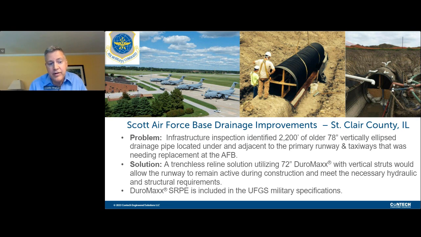And this was something that allowed the runway to remain active during construction, and it met all the necessary hydraulic and structural requirements. So it was very beneficial that we could strut the Duramax to closely match the irregular shape of the host pipe and maximize that open area.